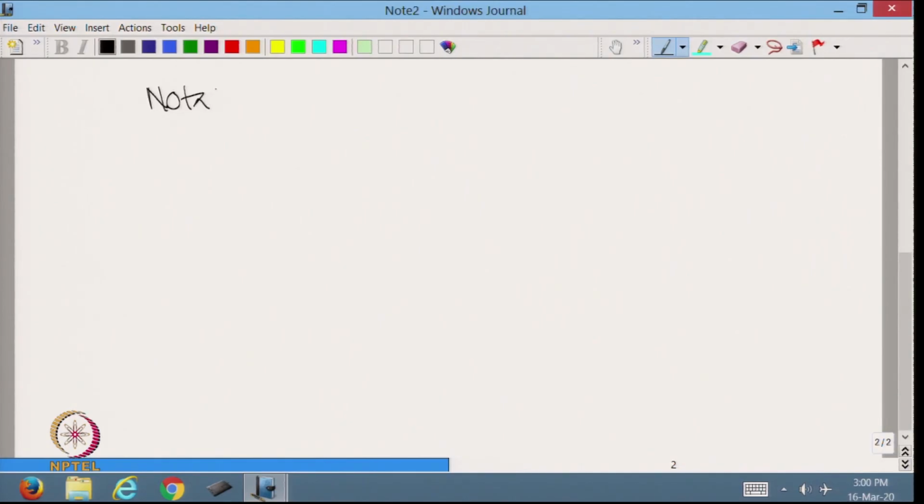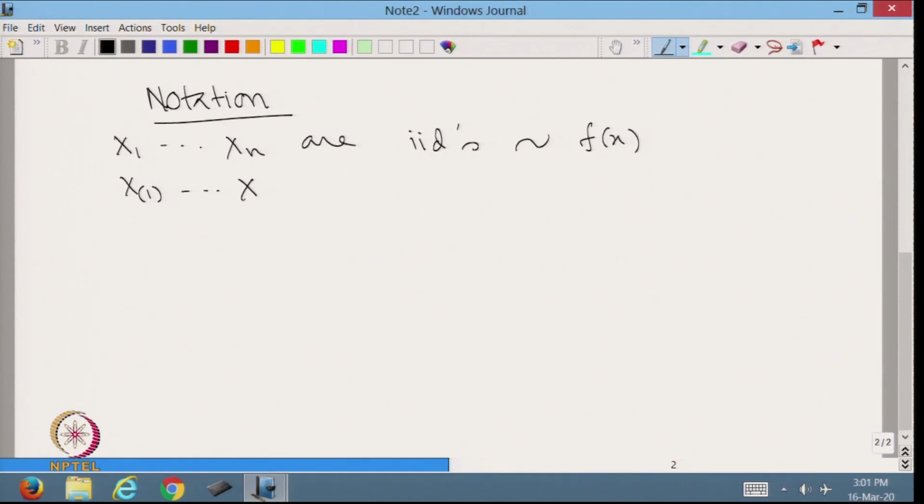So, let me give you a little bit about notation. X1, X2, ..., Xn are IIDs following some F(x), and X(1), X(2), ..., X(n) are the order statistics.